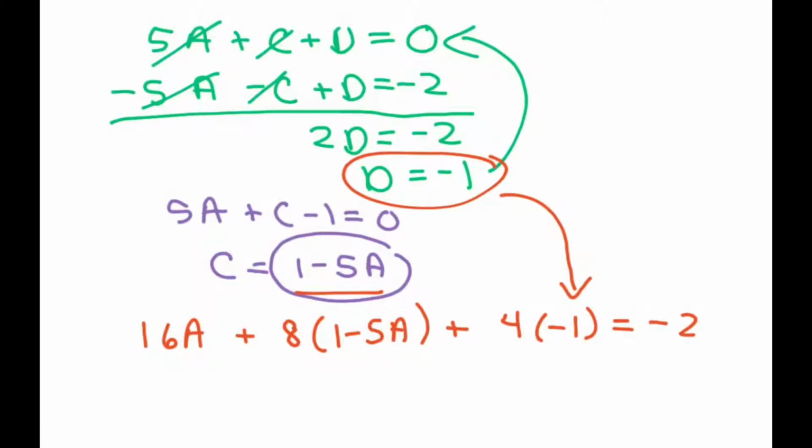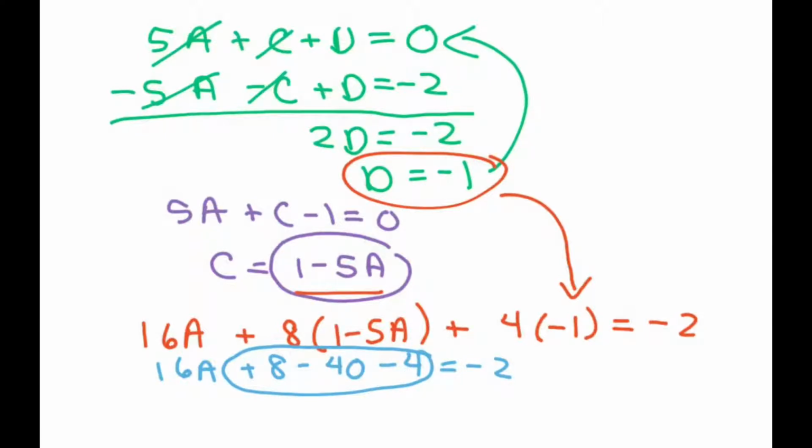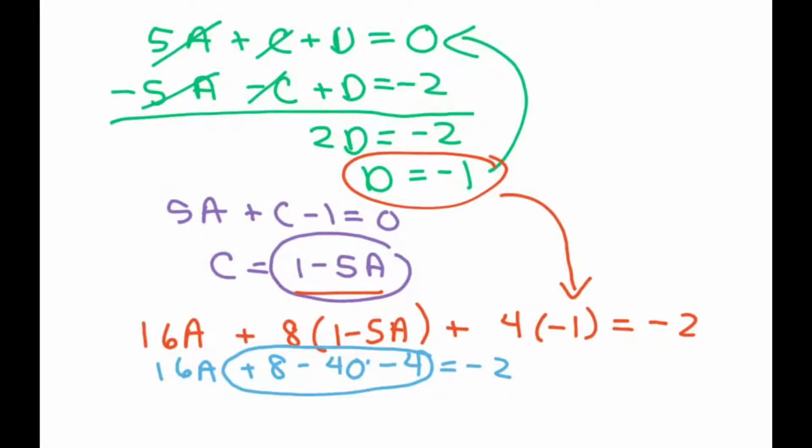So now I can solve for A. So we get 16A plus 8 minus 40A minus 4 equals negative 2. Now I'm going to combine those and add them to the negative 2. So what you're going to get is negative 24A equals negative 6. Sorry, I should have had an A here. Divide both sides by negative 24. So A is going to be 1/4.